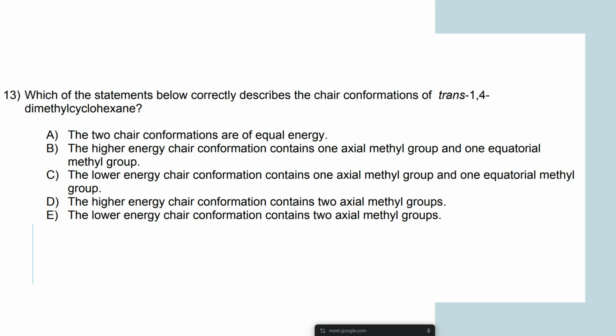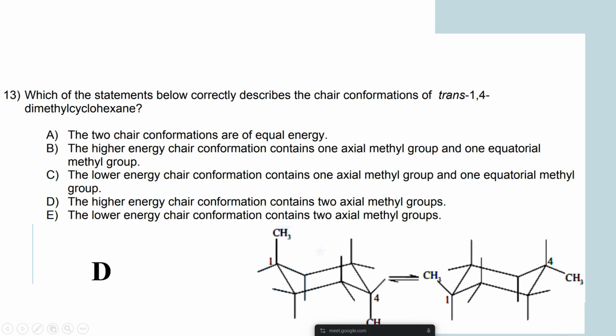Let us now try to draw the chair conformation of trans 1,4-dimethyl cyclohexane. In this case also, there are two possible conformations. In the first possible conformation, both the methyls which are in 1,4 trans position are occupying both the axial positions.